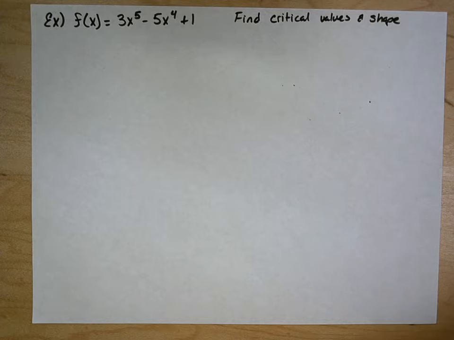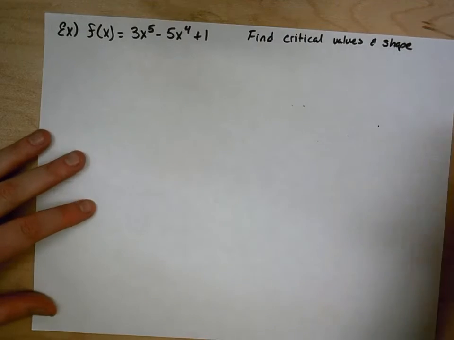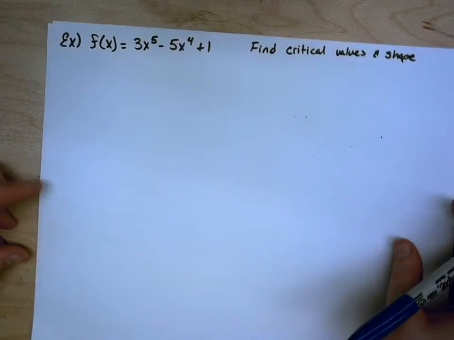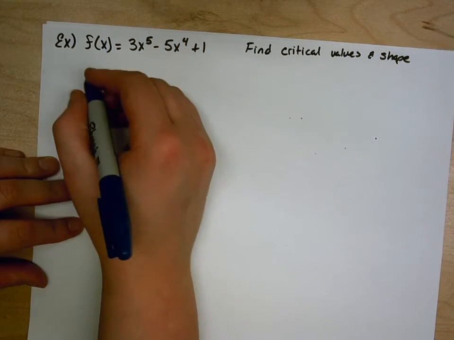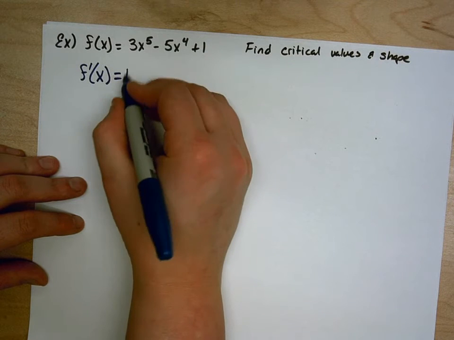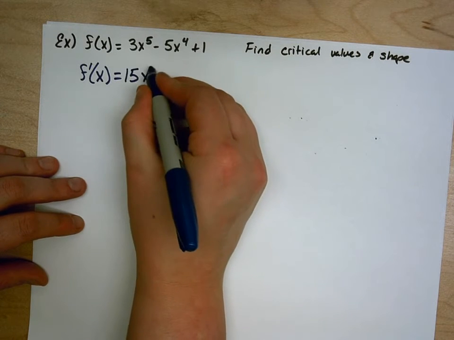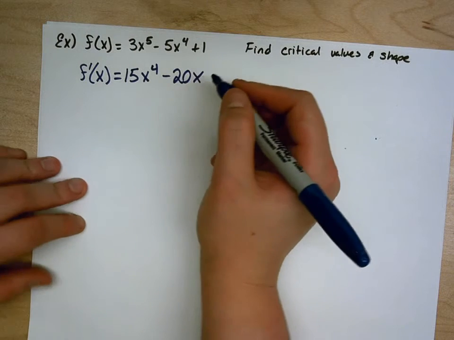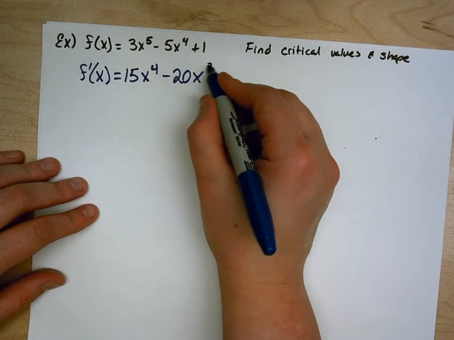All right, so let's find the critical values of this function here. Unlike before, we're going to find the first derivative, and we're also going to find the second derivative. The first derivative of this is going to be 15x to the 4th minus 20x to the 3rd.